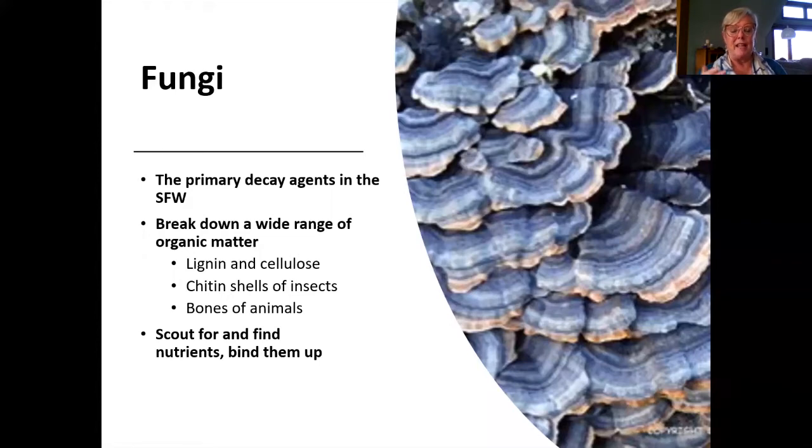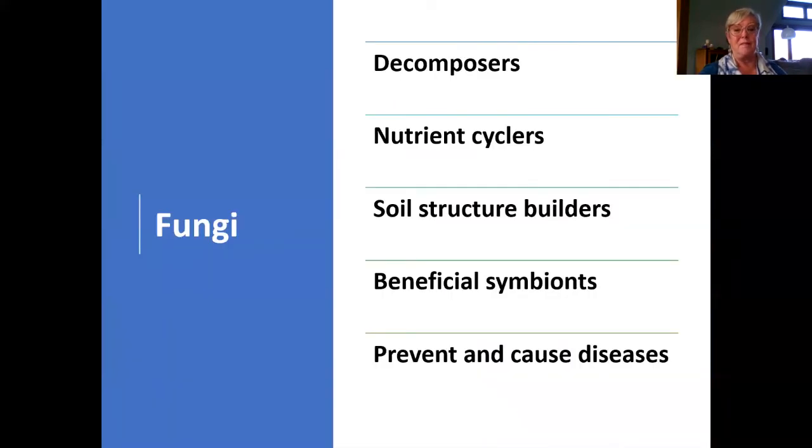They break down the lignin and cellulose of plants, leaves, stems, twigs, etc. As logs fall, it's the fungi that break that down and start to decay it so that other animals can take it in, so that it gets absorbed or incorporated into the soil. The bones of animals, fungi are all responsible for breaking that matter down. So they're decomposers.